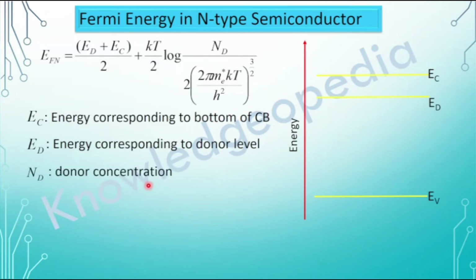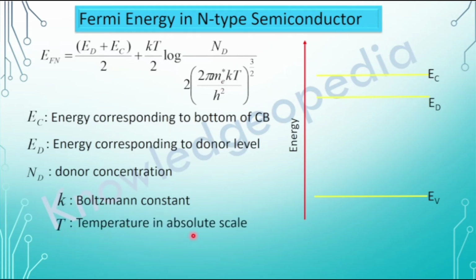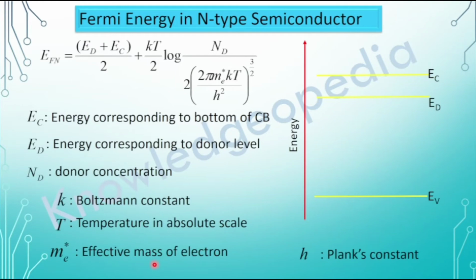How much donor impurity we add to the intrinsic semiconductor to make it N-type, that concentration of dopant is known as the donor concentration and is represented by ND. K is the Boltzmann constant, T is the temperature on the absolute scale, m star is the effective mass of the electron and h is Planck's constant.